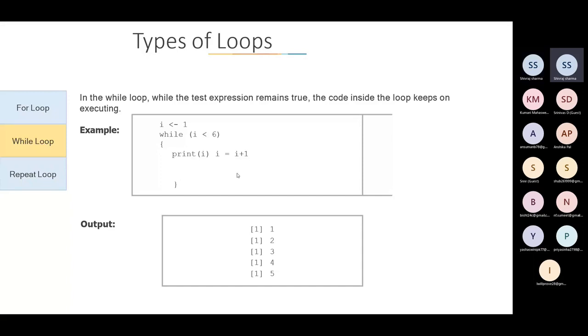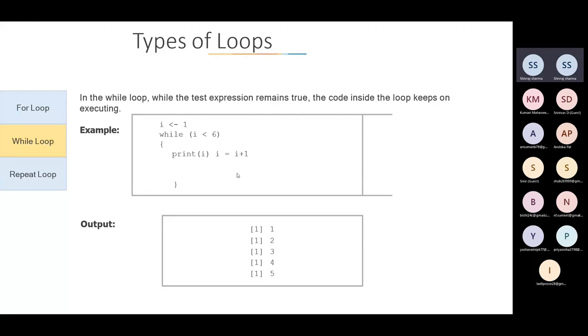So what we did in this example: the value of I is 1 at the initial level. Up to what number of iterations must it run?